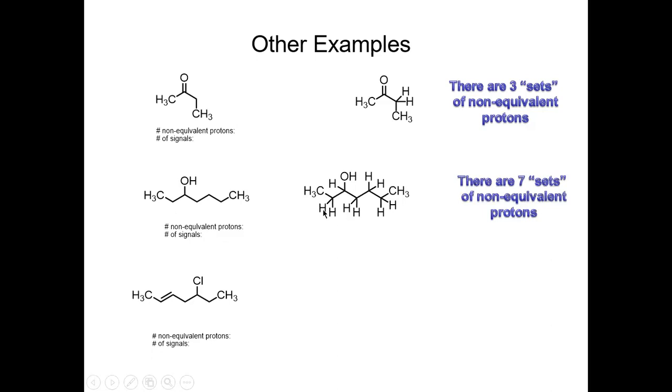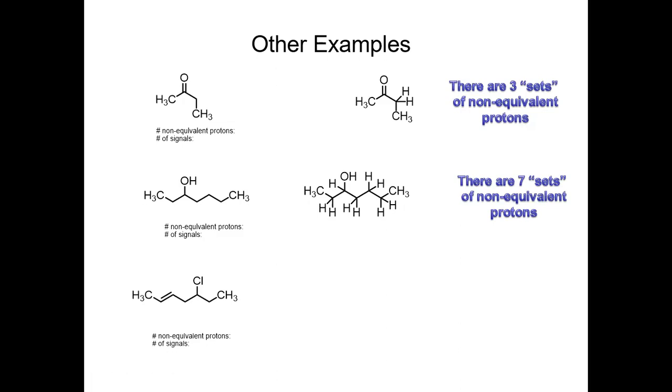So you've got a CH2 here, a CH here, another CH2 here, and a CH2 here, right in here. None of these are the same. You could do the test for equivalence by replacing each one systematically, all the way down the chain, and you'll see that when you compare the structures, none of them are identical, right? So you're going to have 7 signals for this molecule.